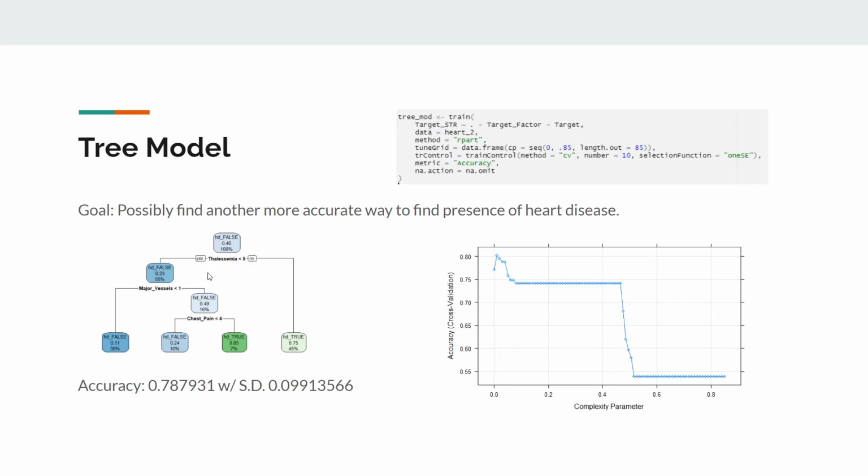And we ended up getting an accuracy of about 0.79 with a standard deviation of about 0.099, which is all right. It's a little bit worse than our last logistic regression model. But you can see here, actually, it's split on thalassemia, major vessels, and chest pain, which were 3 of the 4 most important from earlier. It's just missing ST depression.